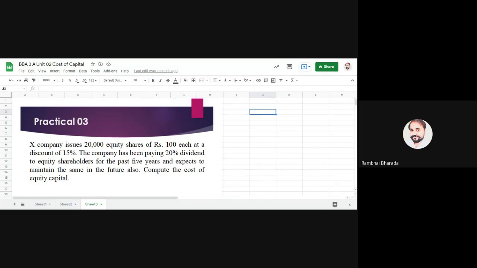Yes, 0.2352. KE is equal to D divided by NP. Here D means dividend remains the same, 20 divided by, in a bracket, 100 minus 15 minus 0, ultimately 20 divided by 85, 0.2352.